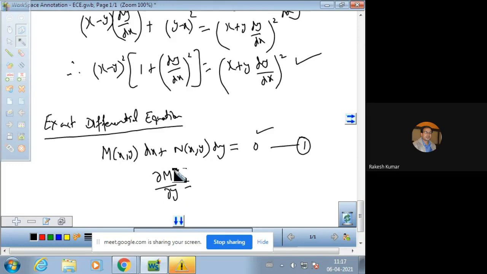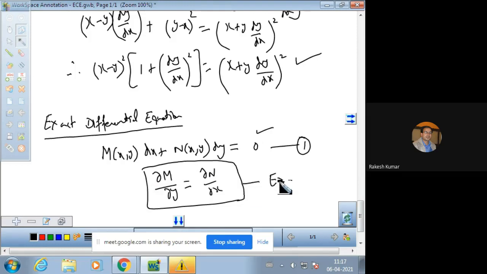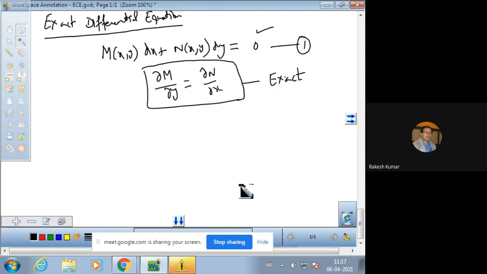So the derivative of M with respect to y is equal to the derivative of N with respect to x. If these two derivatives are the same, then the equation is said to be an exact differential equation. This is the necessary and sufficient condition.